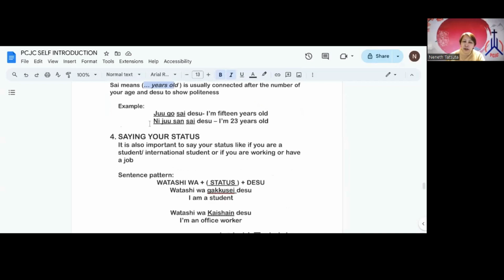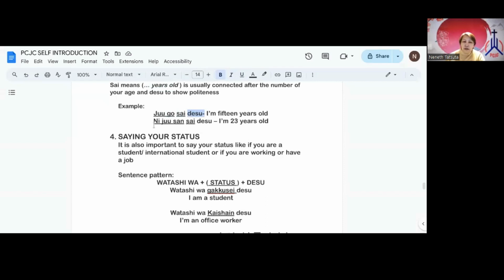So for example, if you are 15 years old, Ju, Go, which is 15, Sai, years old. Desu. Again, the desu is there to show the politeness or the respect of how you talk.